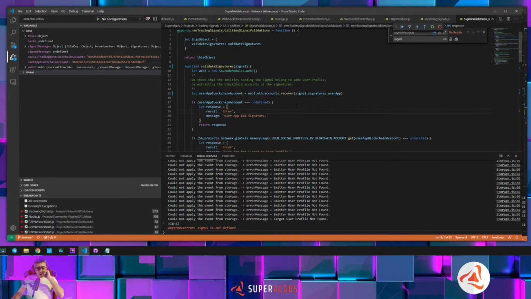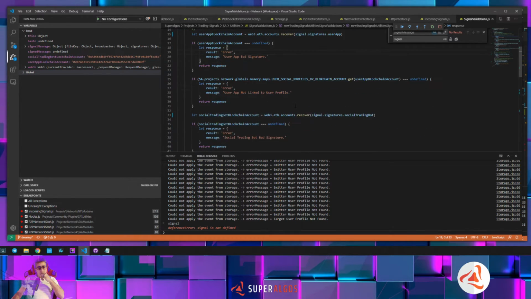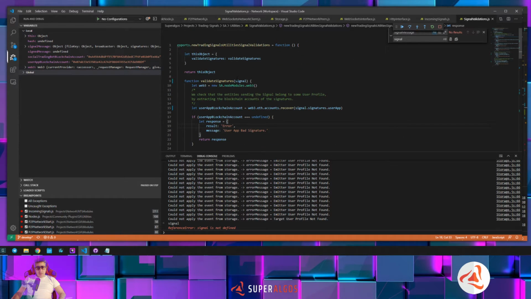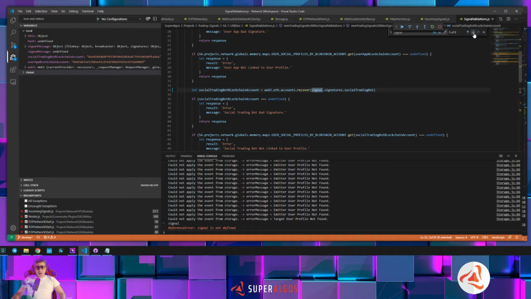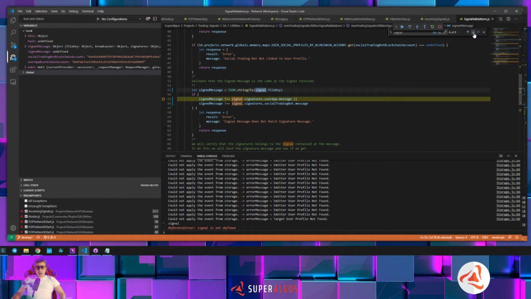Something is not good here. Probably it's from my refactorings. Signal, signal, signal.